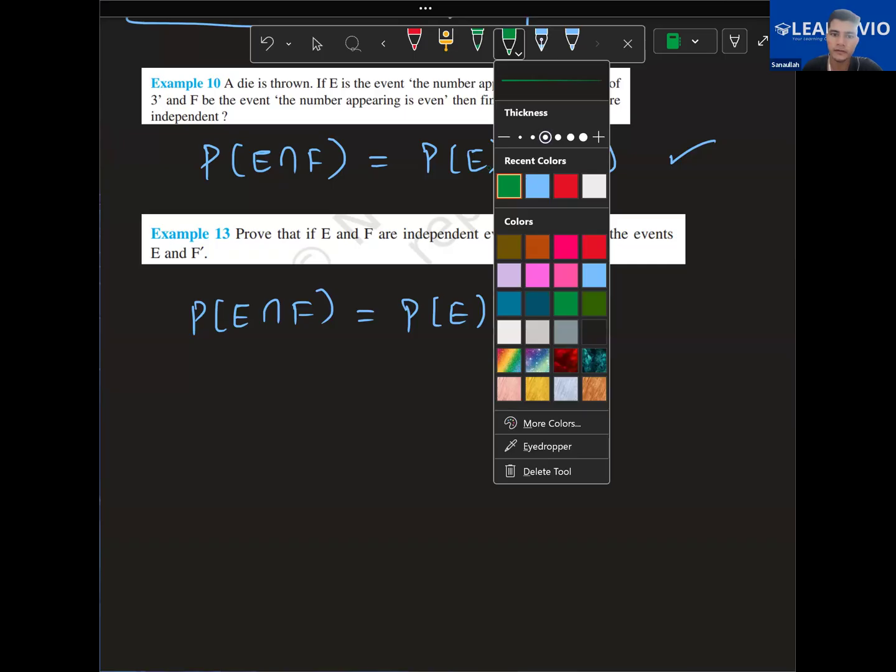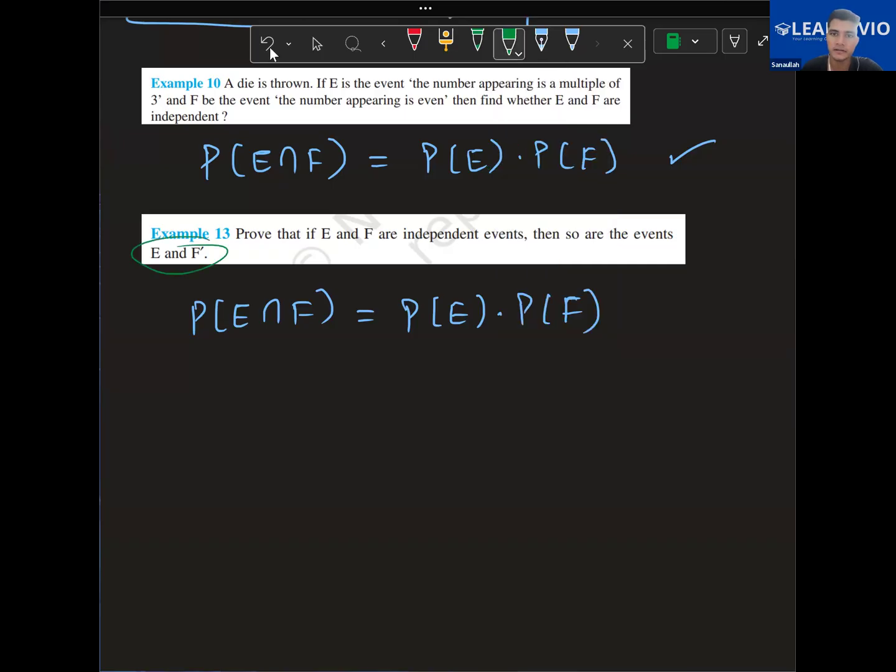You have to prove this, E and F dash. हमें प्रूव करना है. So we have to prove this for F dash. इसको मुझे probability of E into probability of F dash के इक्वल प्रूव करना है, राइट?